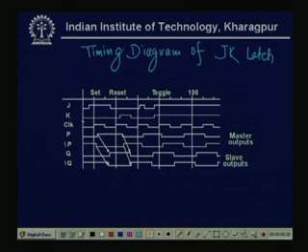Now, the second one is the K input. So here J is 1, K is 0. Now, as the clock is low, whatever be the thing, the clock is low, so it is a set condition.